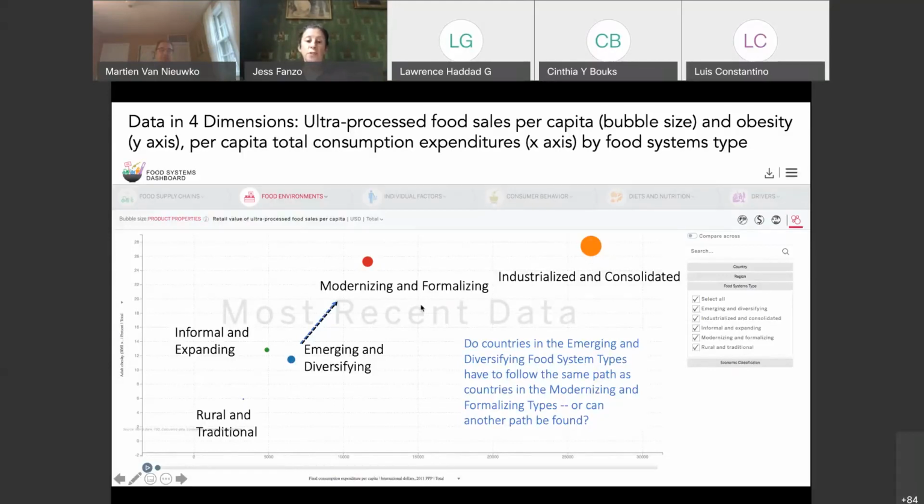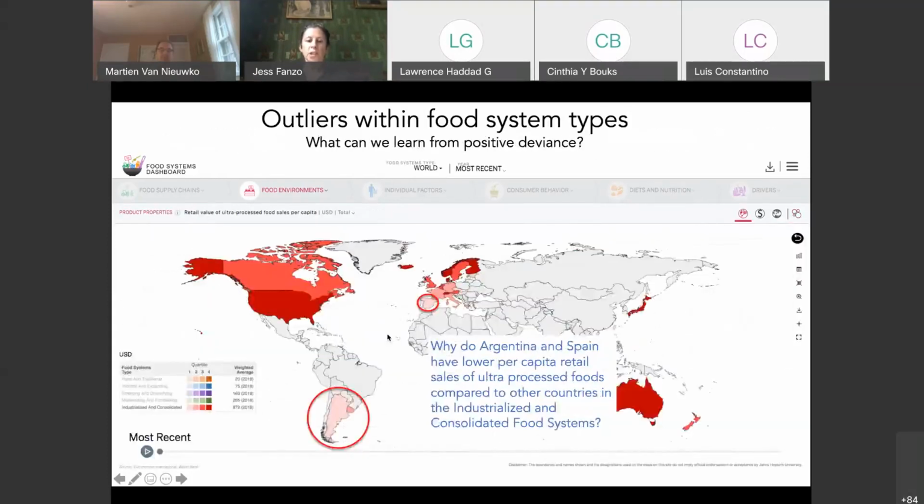Can they leapfrog and avoid these high levels of obesity and high demand for ultra-processed food? So it provides you some insights into how to potentially stop this trend that we see. And you can also do mappings, like which countries within which types are high consumers of ultra-processed foods.